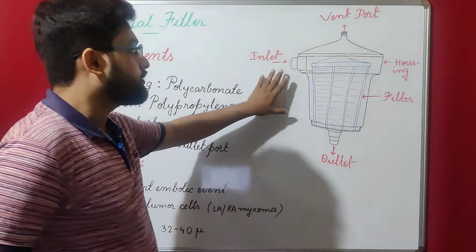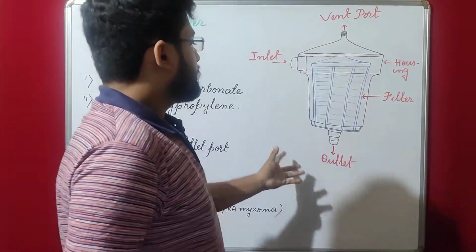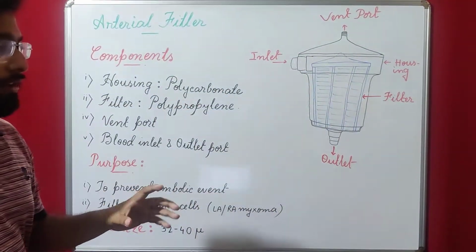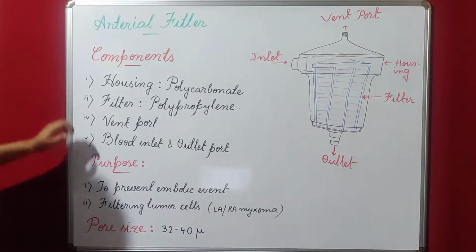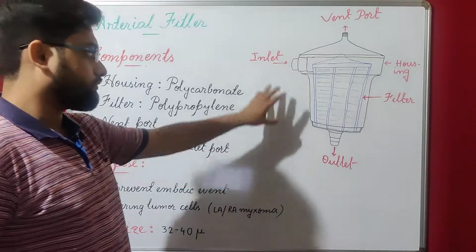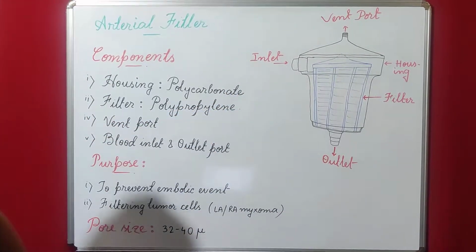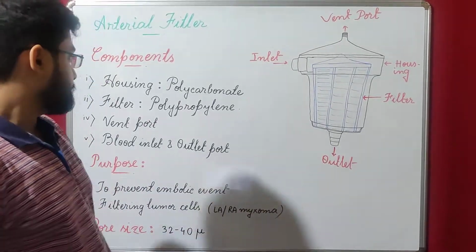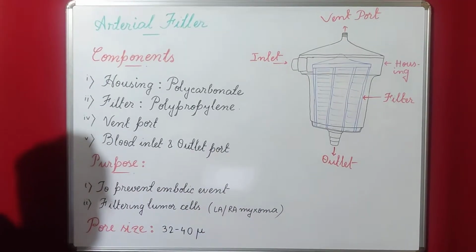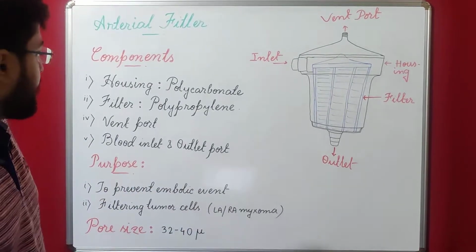This is what the filter looks like. It has some components. First is its housing. Housing is made of hard shell polycarbonate, just like our venous reservoir. The filter is made of polypropylene.